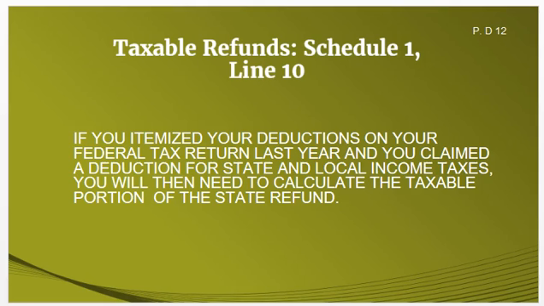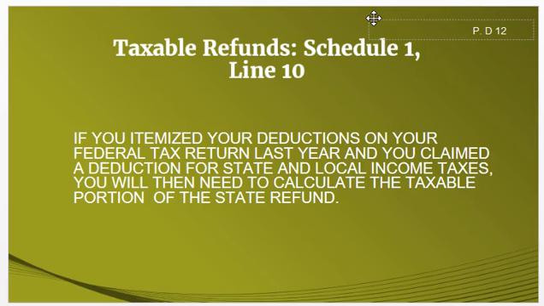What is a taxable refund? I mentioned that taxable refunds can be found on Schedule 1. Those are found on line 10 of Schedule 1. It's talked about on page D12 of your 4012. If you itemized deductions on your federal tax return last year and you claimed a deduction for state and local income taxes, you will then need to calculate the taxable portion of the state refund.